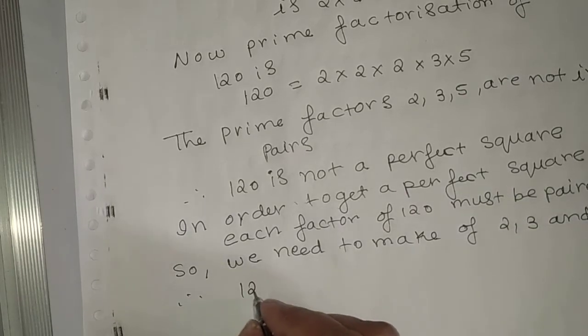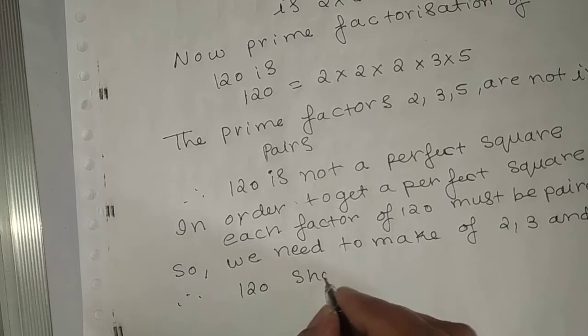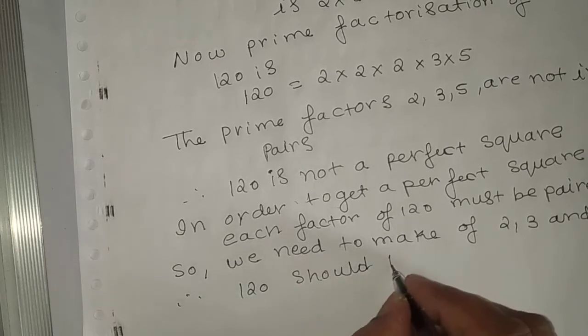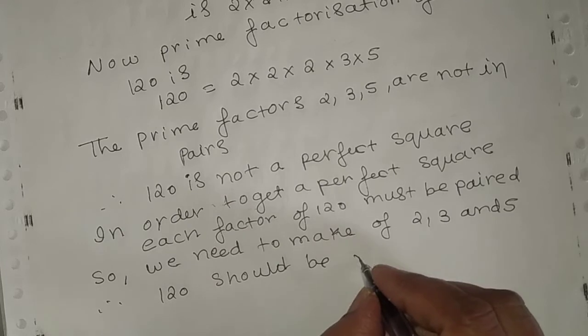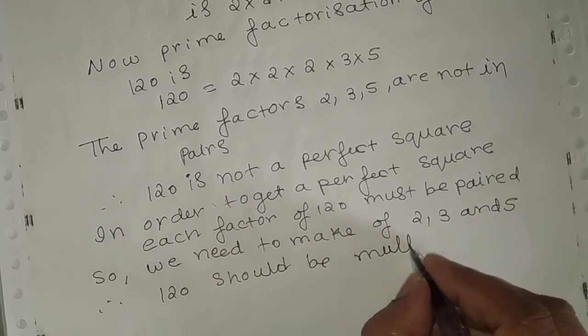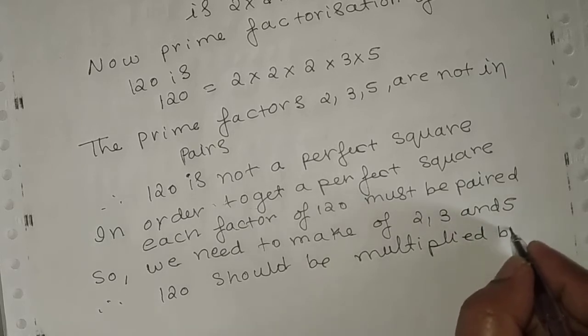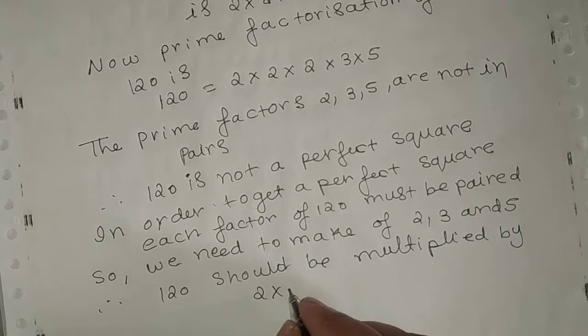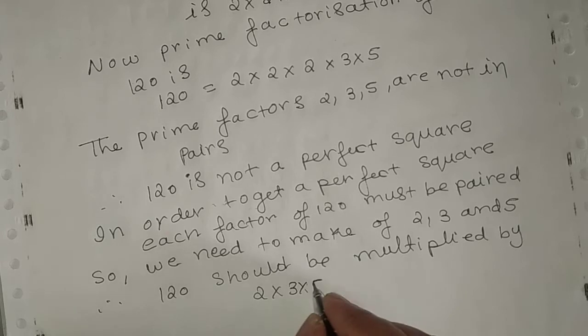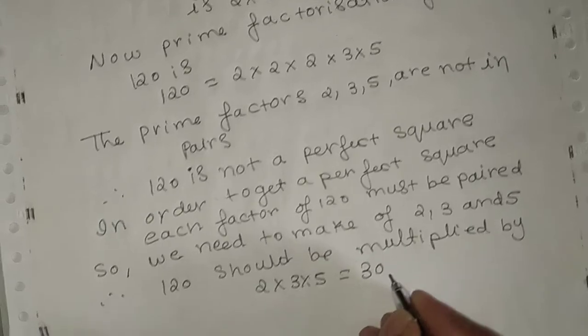Therefore 120 should be multiplied by that is 2 into 3 into 5, which is equal to 30.